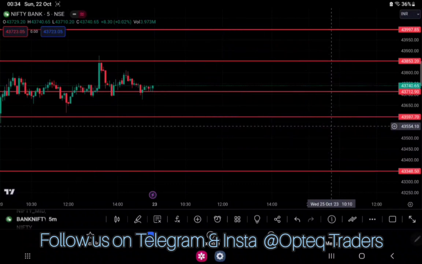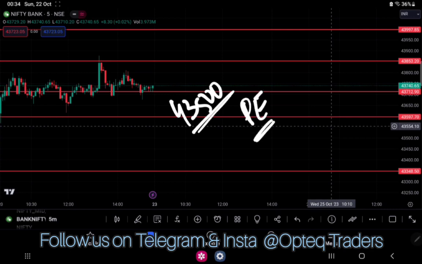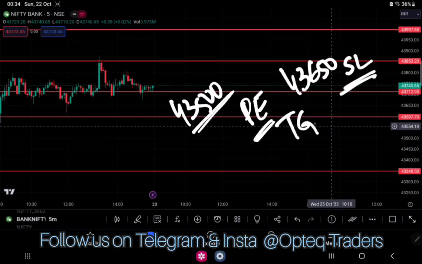Now, what if it breaks 43,500 in the opening candle? So if it breaks 43,500 in the opening candle, enter in P with 43,650 as your SL, and your target will be 43,350.